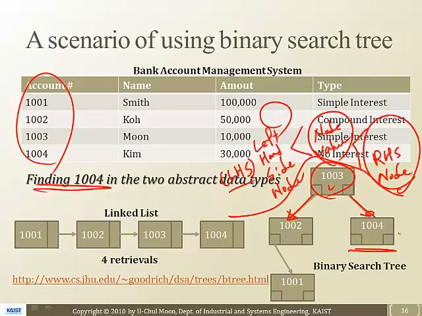There is no reason to search through the left-hand side, if the person who made up this binary search tree structure followed the rule correctly. 1004 is bigger than 1003, so it's not going to be in the left-hand side. It's always going to be in the right-hand side. So you can just traverse to the right-hand side, retrieve 1004, and find this value with a single retrieval. That's wonderful, right? It supports the faster search.